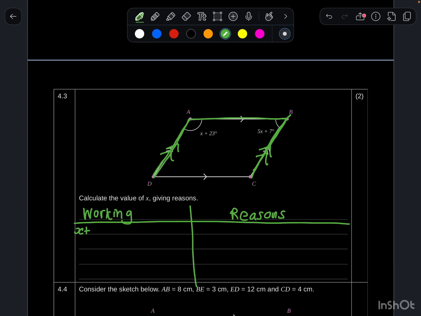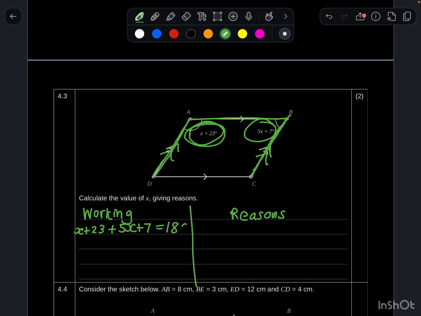So x plus 23, so there's this angle, plus this angle, 5x plus 7, is equal to 180 degrees.